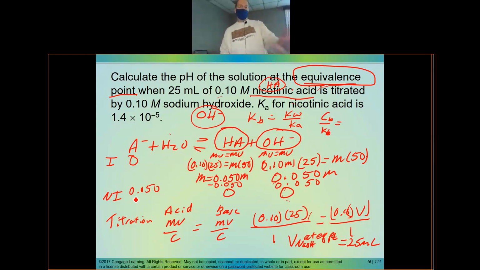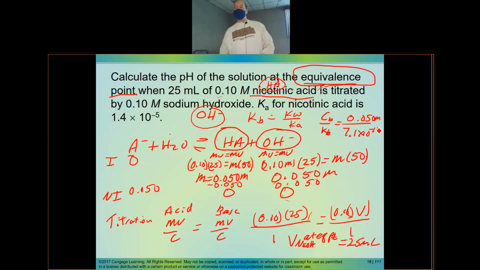So our new initial concentration is 0.05. To get the Kb, we have to take the Kw, 1 times 10 to the minus 14, divide by the Ka, 1.4 times 10 to the minus 5, and that gives us a 7.1 times 10 to the minus 10.